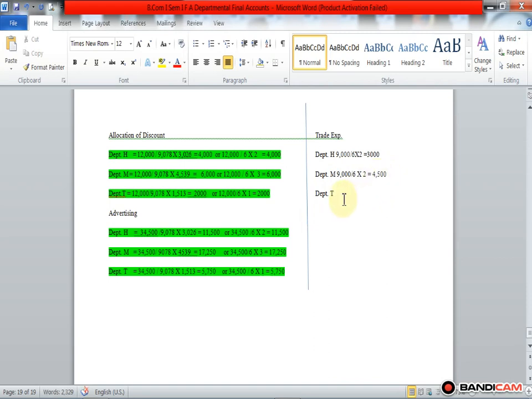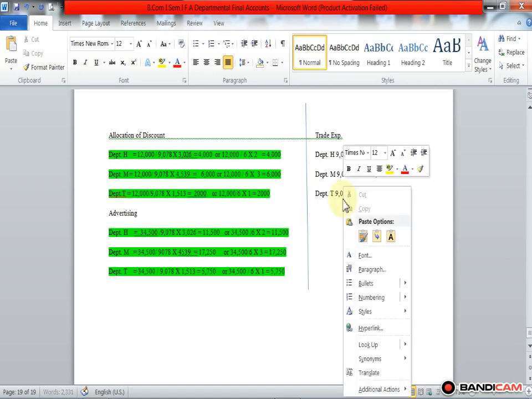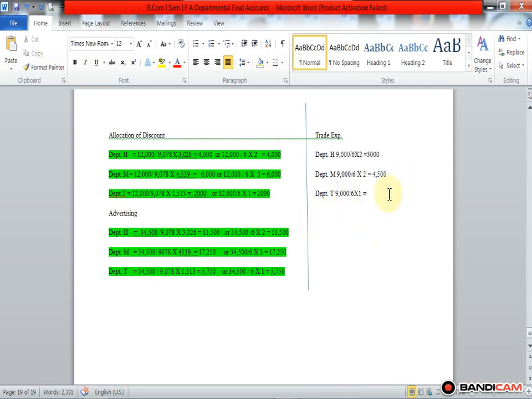Okay, and department T, 9,000 divided by 6 multiplied by 1 is equal to 1,500.